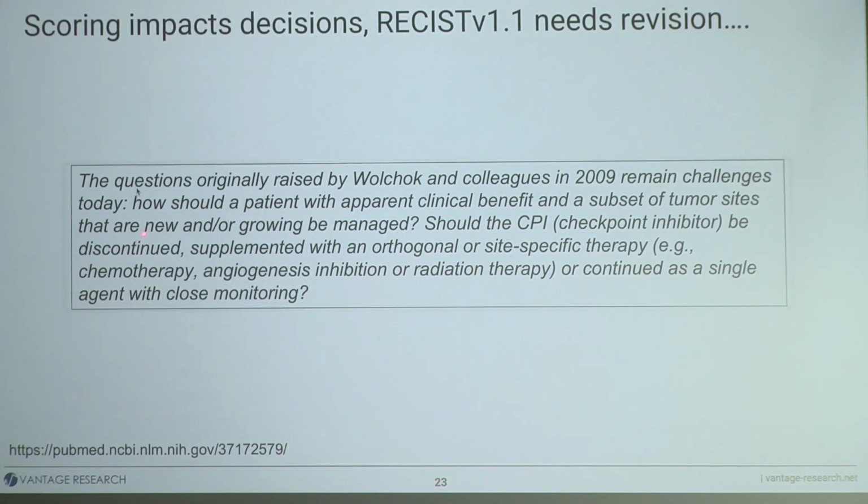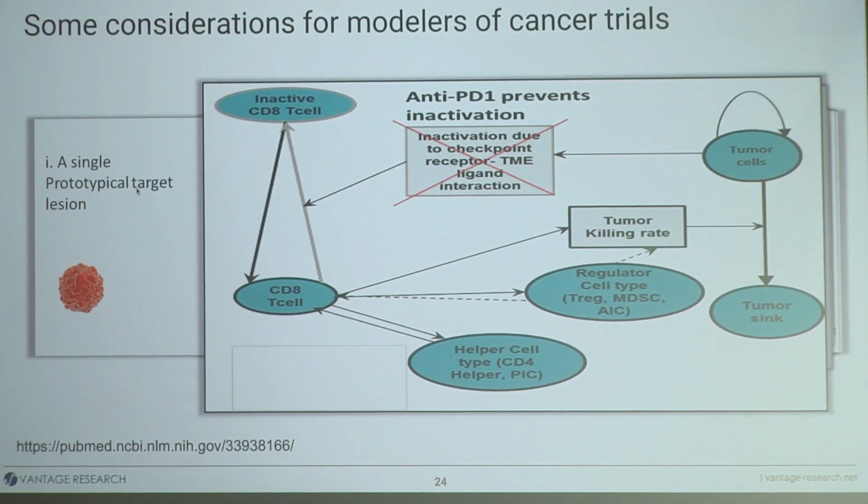Should the checkpoint inhibitor be discontinued, supplemented, orthogonal, site-specific, etc.? And all of these are very valid questions which you can't answer with an open and shut, this person responded and this person didn't. This was published by Walchuk, who's a leader in the field, he and a couple of our collaborators. They published this perspective very recently, and it reiterates the real world implications of this work.